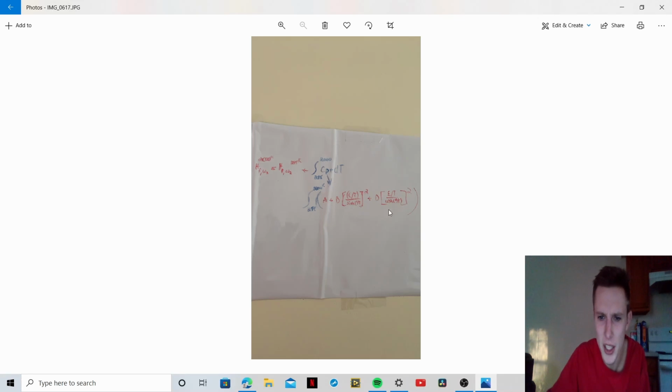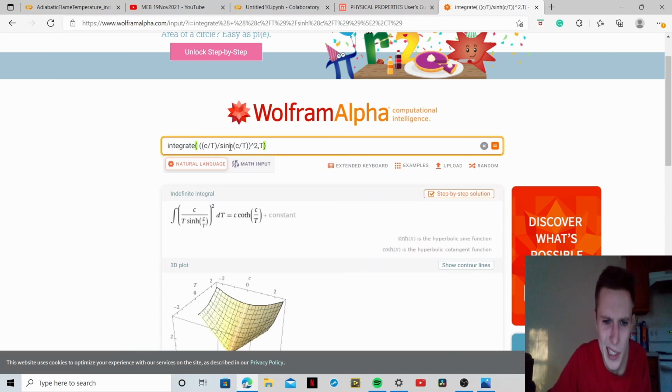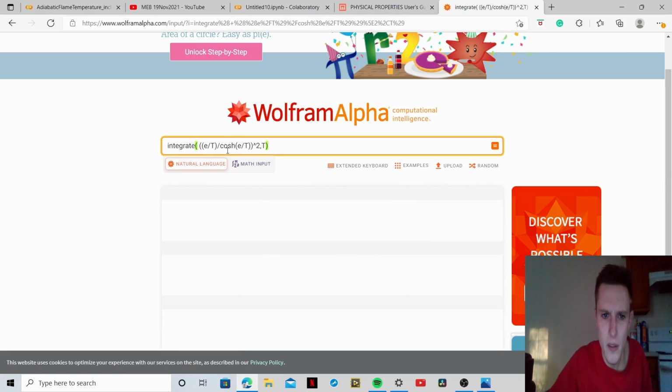Now we can do the second section, and it's with an E, and it's with a hyperbolic cosine. So if we go back and substitute in E, and then let's do cosine here. All right, and integrate. Let's see what happens.